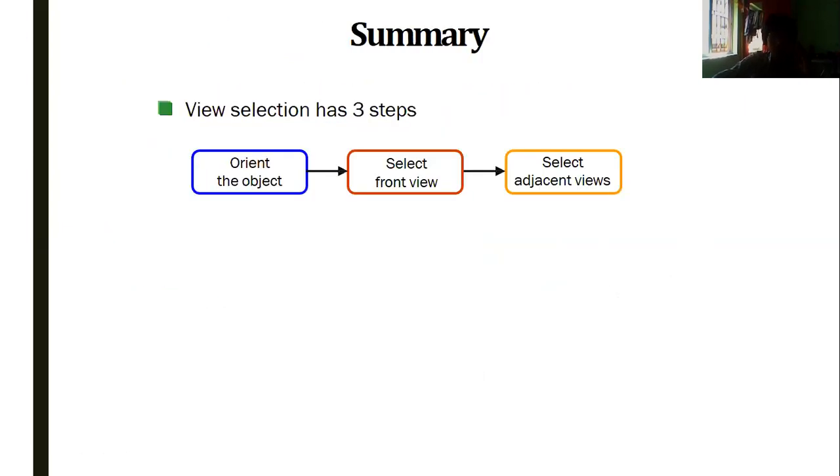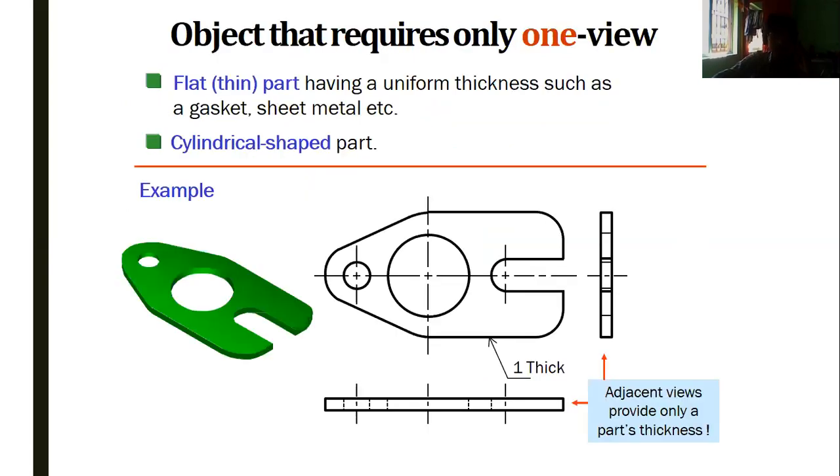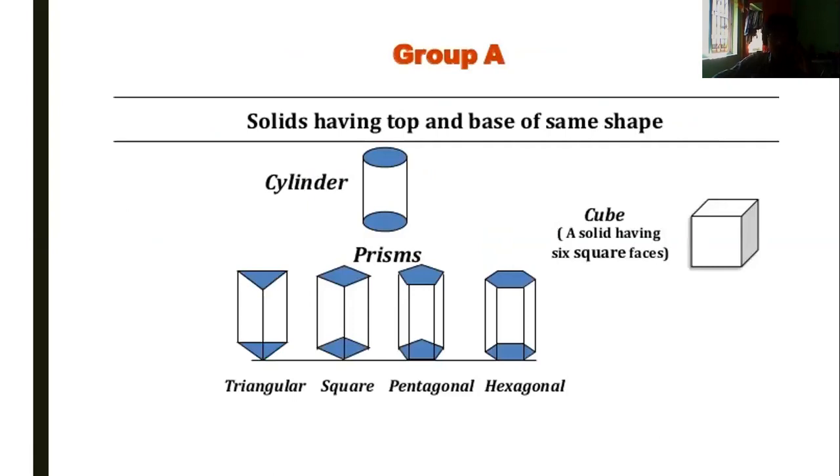Then let's take an example, okay. If we come to the solid projection, now we have to know which solids we generally refer to. First of all, cylinder, prism. In prism, triangular prism, square, pentagonal prism, hexagonal. These are the different kinds of prism, okay. You all know the cube, this cube.